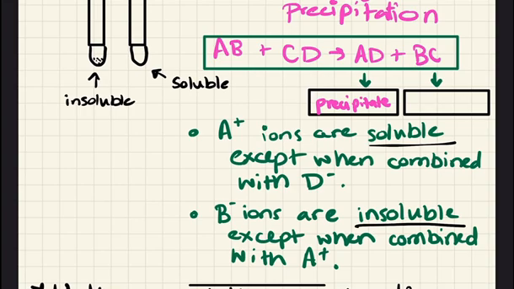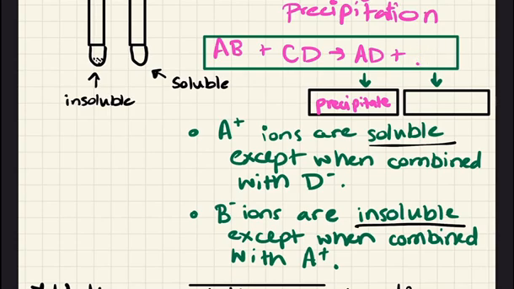All right, the second rule we're given says that B- ions are insoluble, so that means that they will not dissolve usually, except when they are combined with A+. So that means that, again, this AB salt is going to be soluble because A is soluble and B, when combined with A, is also soluble. So that's fine and dandy, but what we really want to know about is this BC molecule. Oh, I was actually right before.